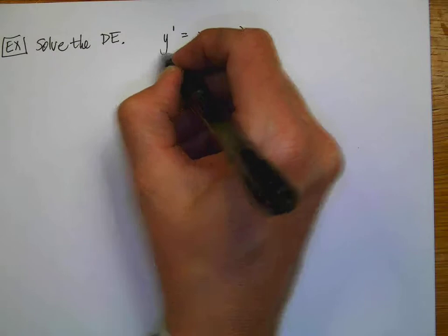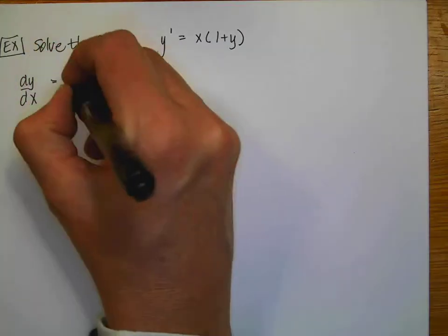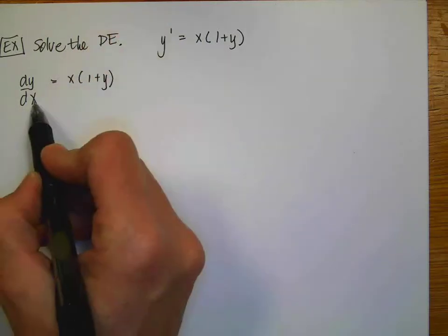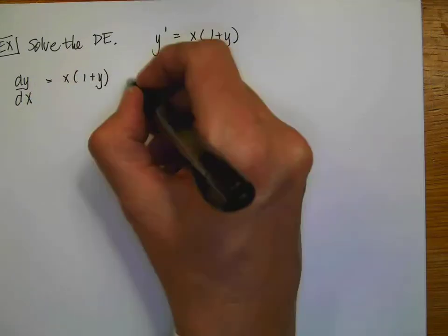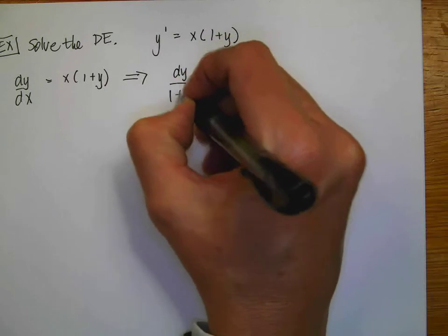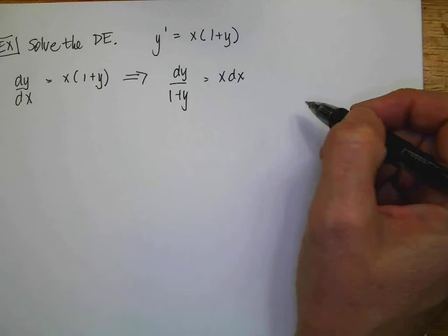I'm going to rewrite the y prime, and I'm going to start over here, as dy dx is equal to x times 1 plus y. I'm going to move the dx and move the y. So I'll go across, sorry. So I'm going to get dy over 1 plus y is equal to x dx.